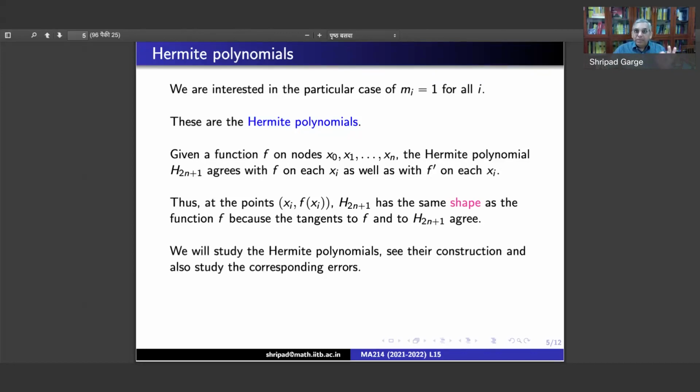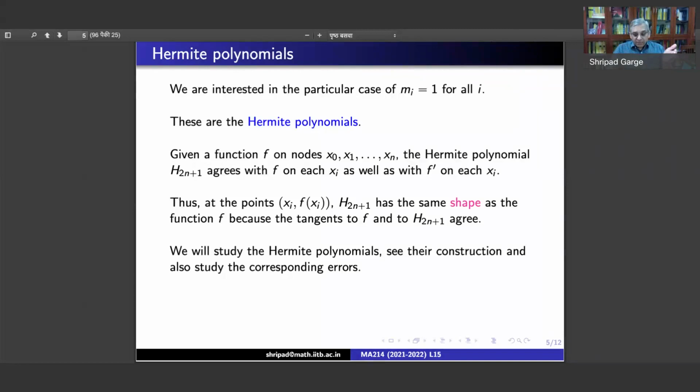We begin with our baby steps. Remember, whenever we have been given x0, x1 up to xn, we want to compute Hermite polynomials for mi equal to 1. If you have only x0 and m0 equal to 1, so you have the function value and the derivative at only one point, then Taylor's theorem comes and does the job.